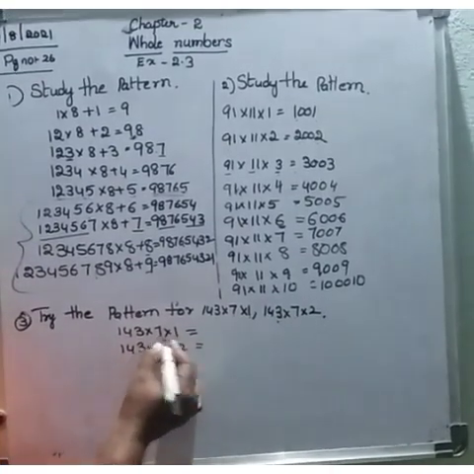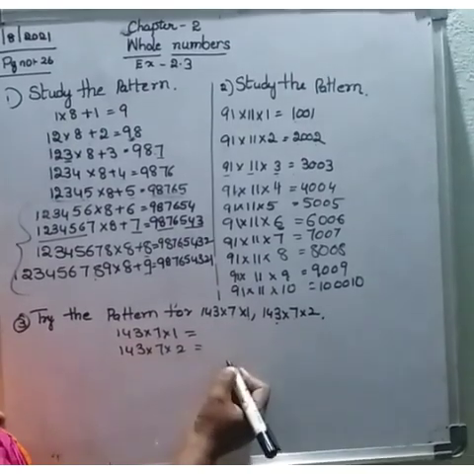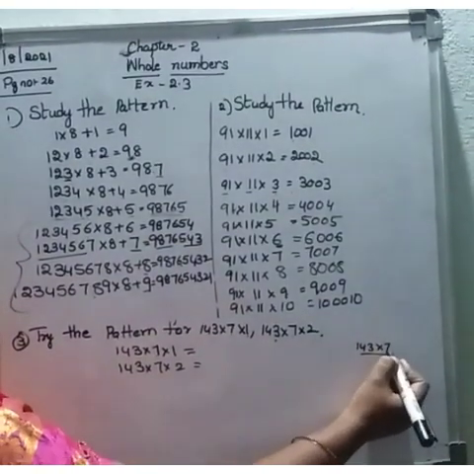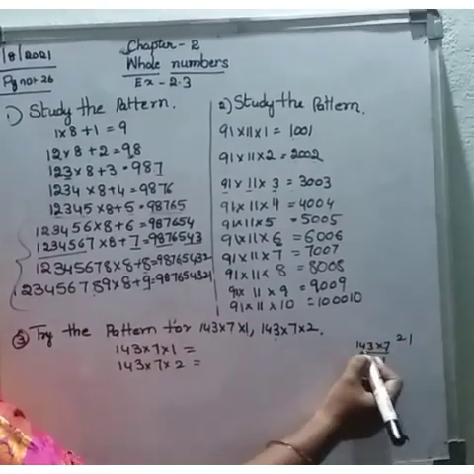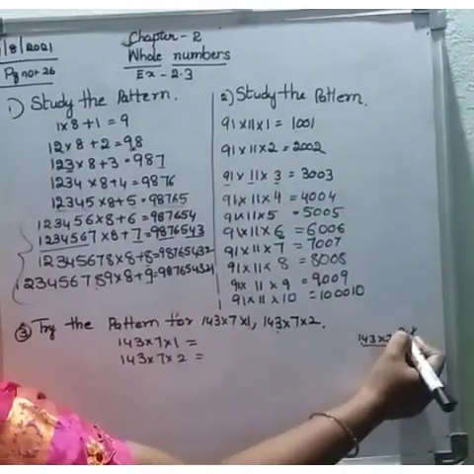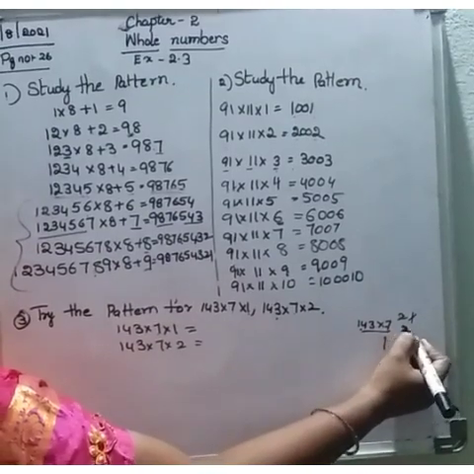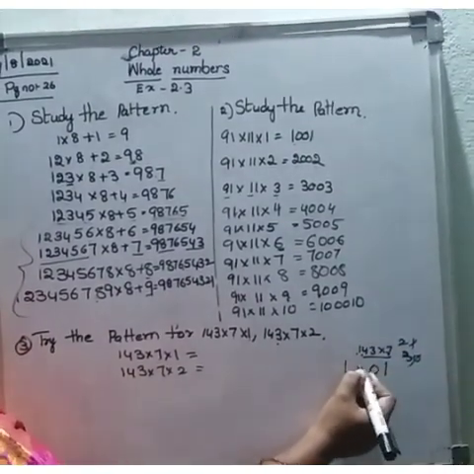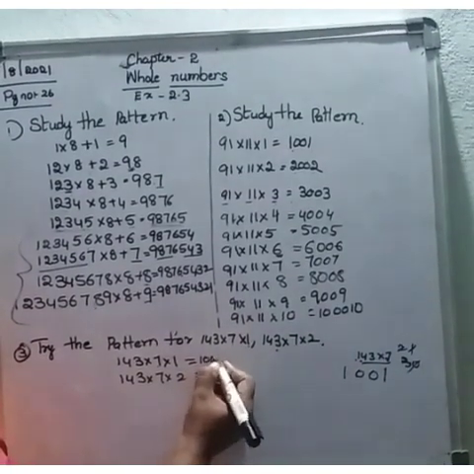Here 7 ones are 7. Let's observe this. 143 into 7. 7 threes are 21. 7 fours are 28. 28 plus 2, 30. 7 ones are 7. 7 plus 3, 10. 1001 comes here.